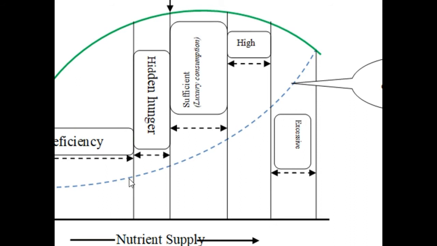So if the nutrient supply is increased with time, the concentration will increase. However, the crop yield will not increase linearly. It will follow a polynomial graph. So this is the hidden hunger, this is the deficiency level, this is sufficiency, this is high uptake, and this is the excessive uptake condition.